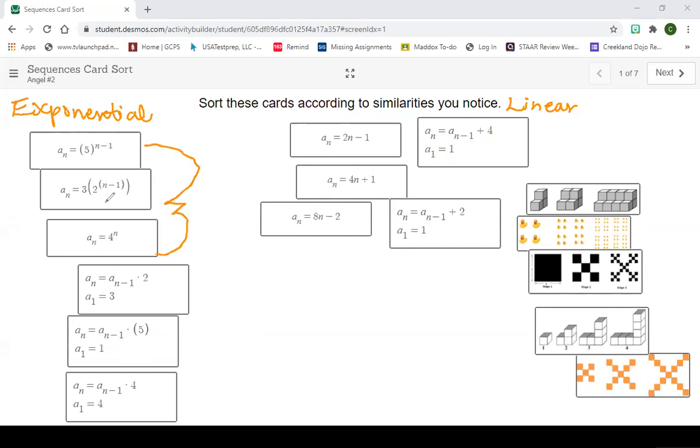What do all these cards have in common? No, look at all these cards. Yes, good job, Aiden. Exponential or exponent. If it has an exponent, it's what? Exponential. Add that to your notes. All right, the next one. What about all these?